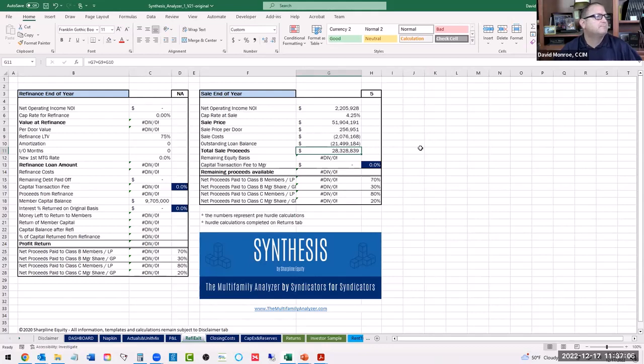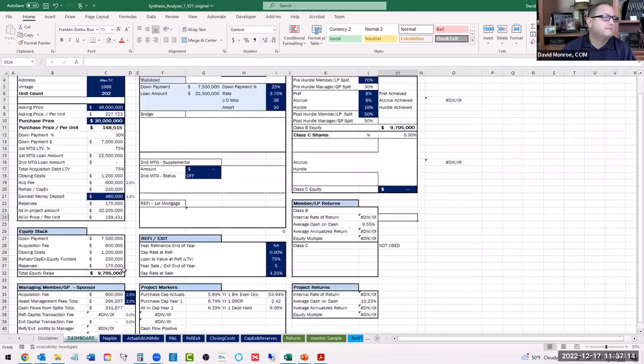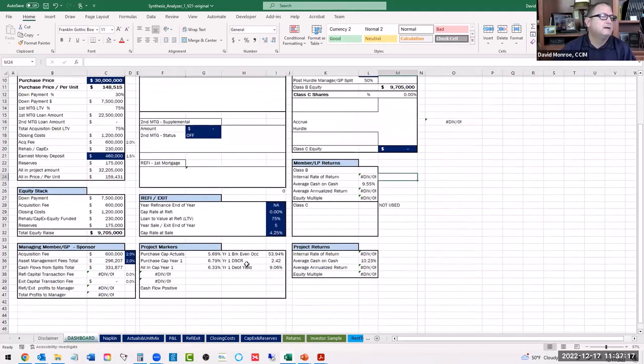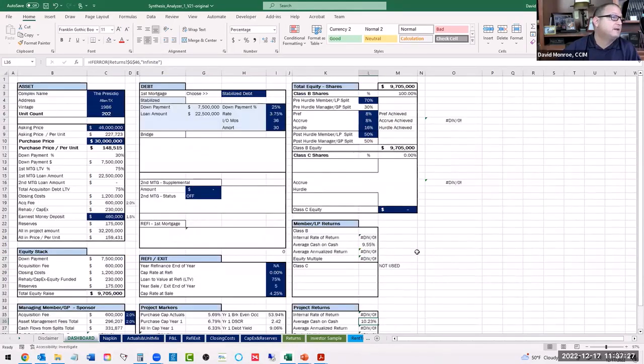So something's broke. Hey, what a way to find out your model's broke. If you're showing a good cash on cash like that, where our cash on cash is a 10.23 average, and you're not showing an internal rate of return, something in the model's broken. I don't know what broke. I'm not going to sit here and troubleshoot it.